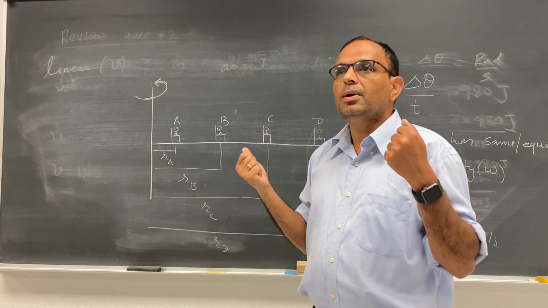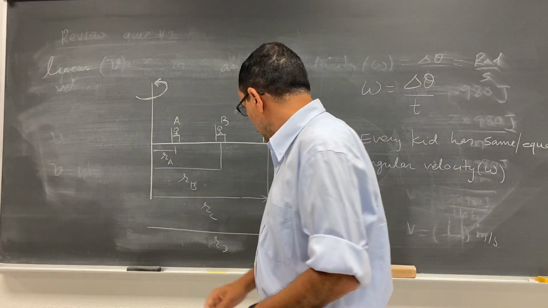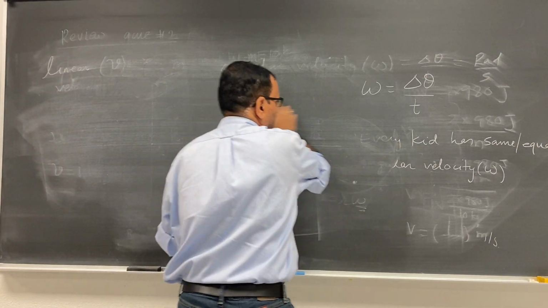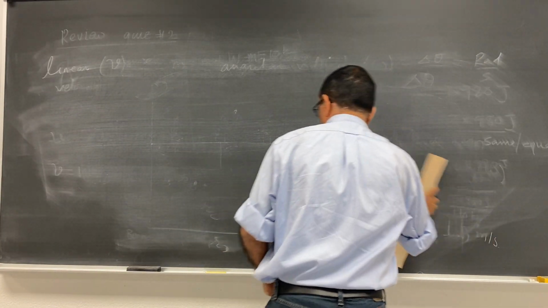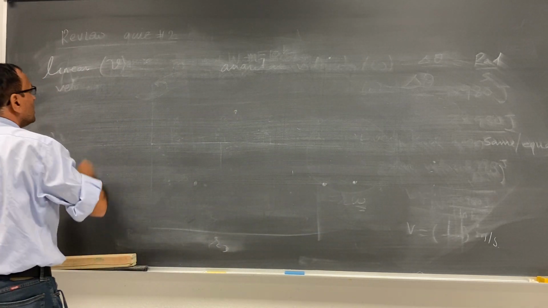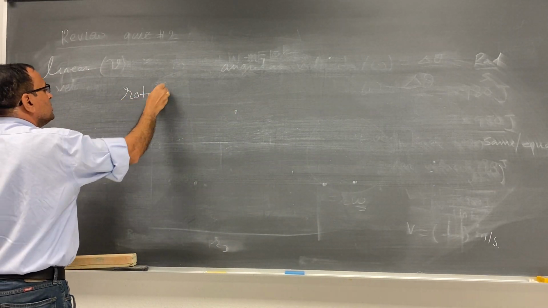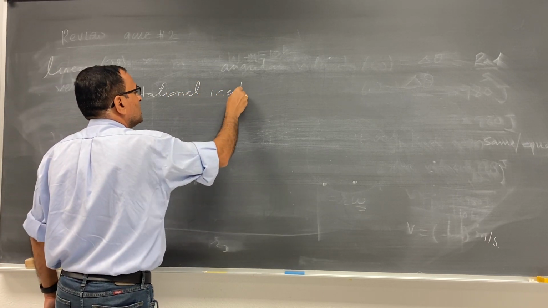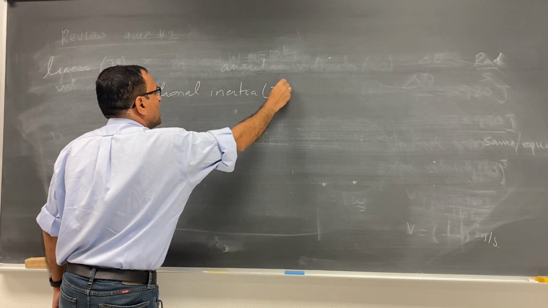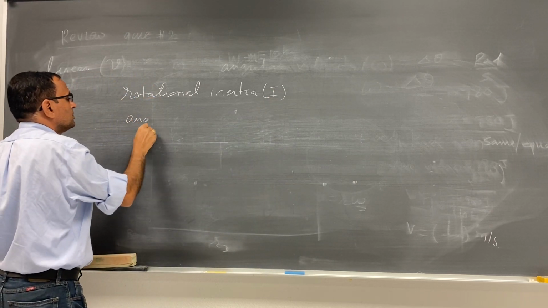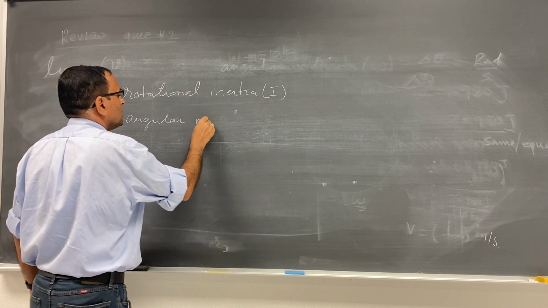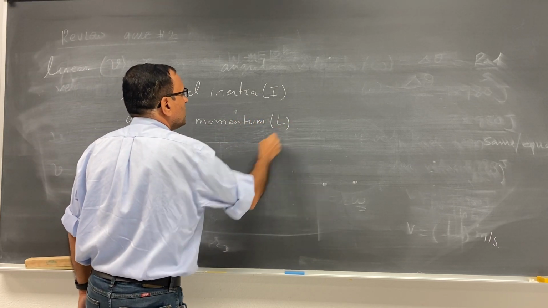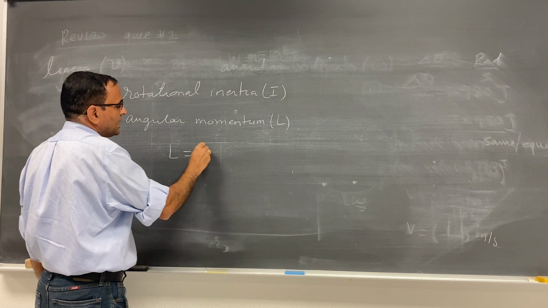And you can also think about the angular momentum and moment of inertia, rotational inertia. Please recall rotational inertia. It is simply denoted by I, and angular momentum L. Angular momentum L is equal to I times omega.